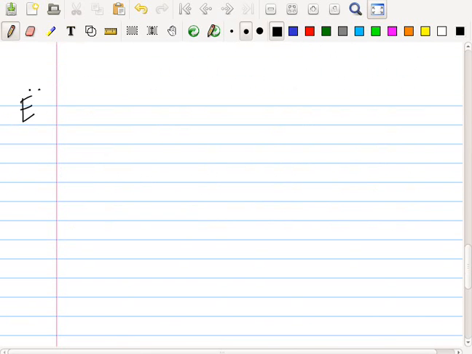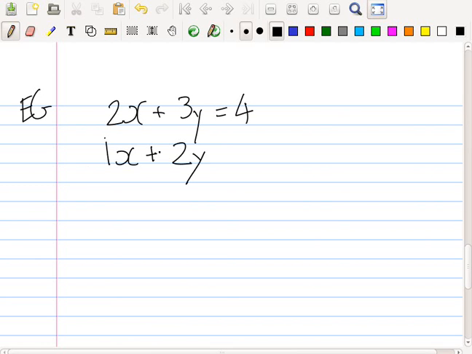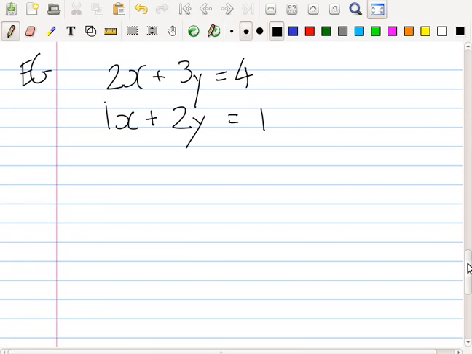Example: 2x plus 3y equals 4, and then let's say 1x plus 2y equals 1. So you can get the answer pretty quick. xy, what does that equal?